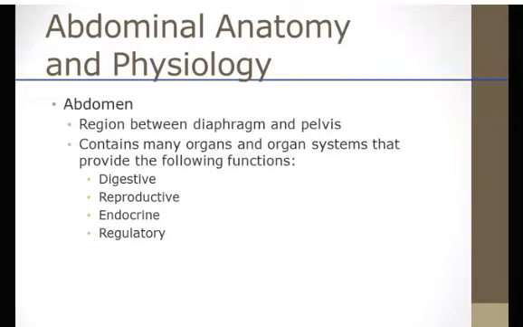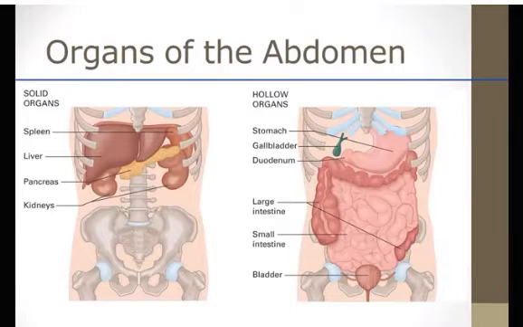We're going to find organs that are part of the reproductive system, both male and female. There are organs in there that play a part in the endocrine system. An endocrine system is a system that, for the most part, regulates our hormones. So it plays a huge part in how the rest of our body functions. And then the regulatory system to keep homeostasis, keep our body regular.